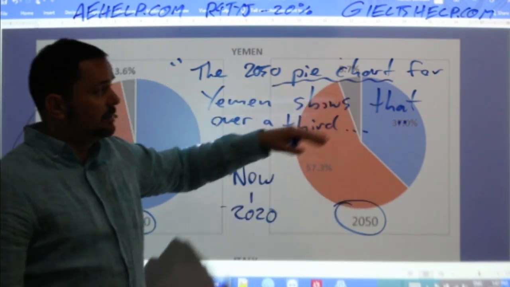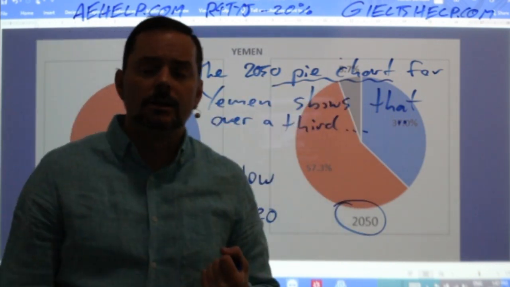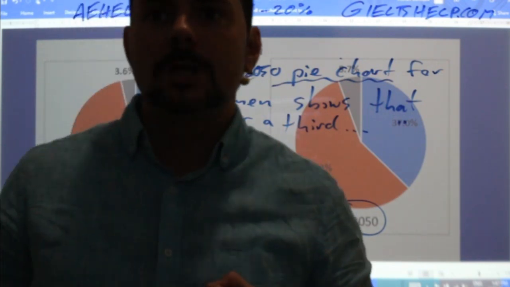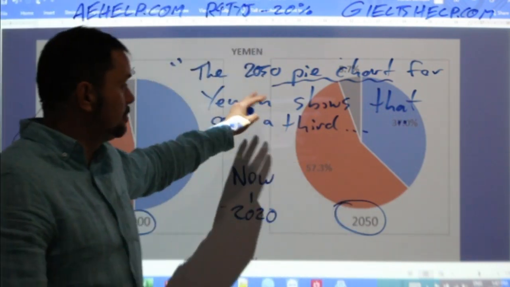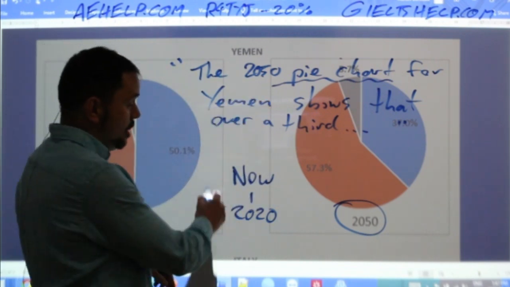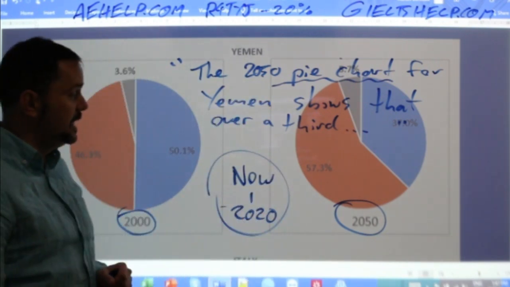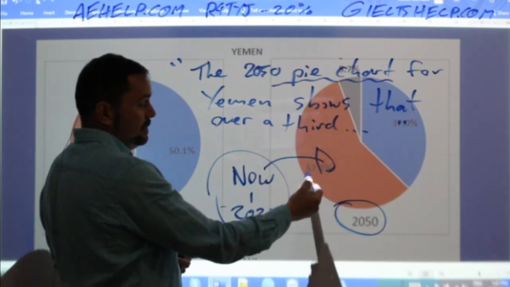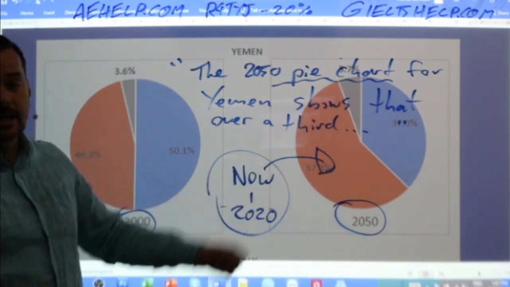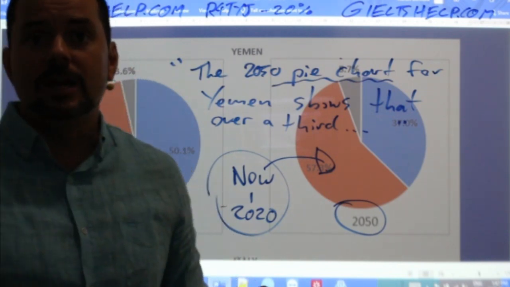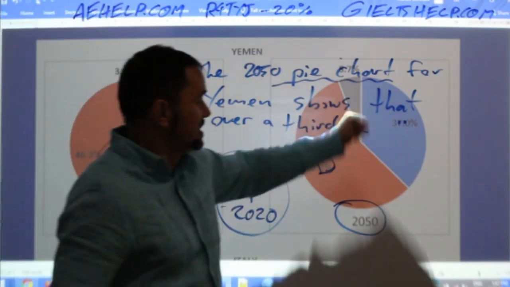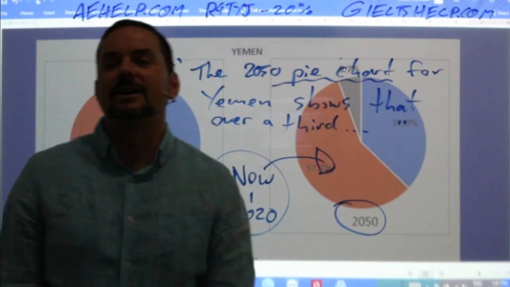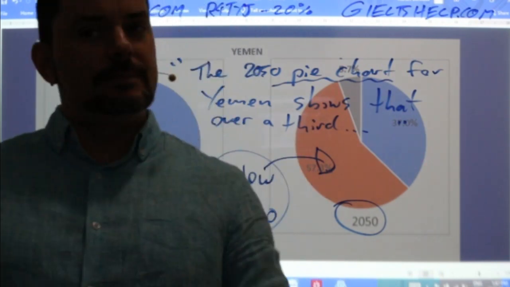But it's okay to refer to the chart every once in a while. Does that make sense? So when I'm referring to the chart, I'm using present tense because I'm looking at it now. I'm looking at it in 2020, and this chart will generally be the same in the future as well. Okay, nobody's going to erase this and write a different kind of data. Okay, does that make sense?